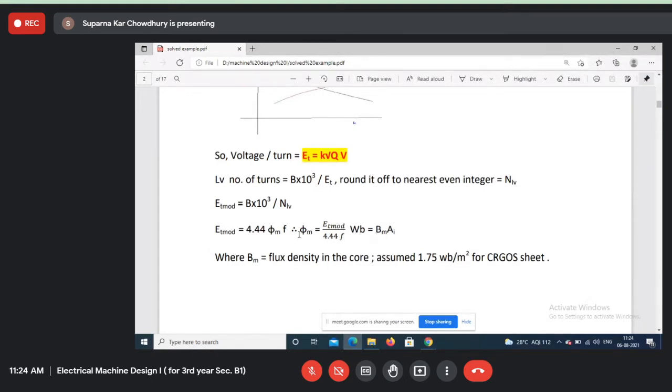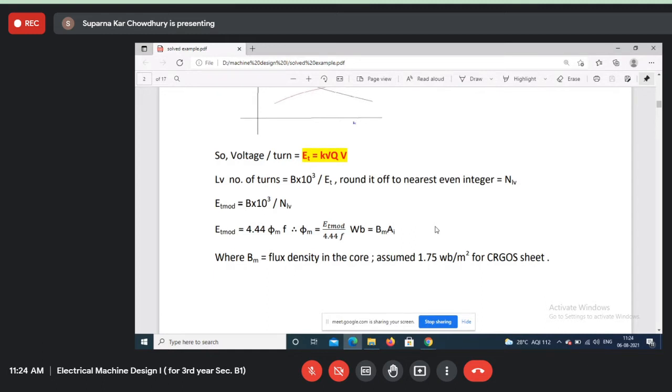So this flux is equal to B_m into A_i, where A_i is the iron area. Now B_m is the flux density. We assume we are going to have CRGOS steel for the core. For CRGOS the optimum value is 1.75 Weber per meter square.